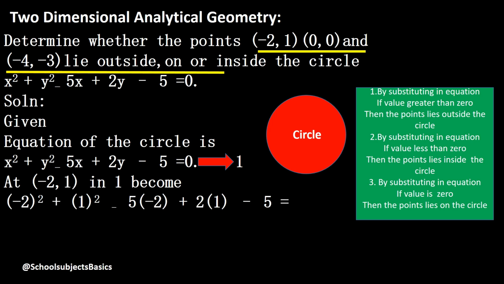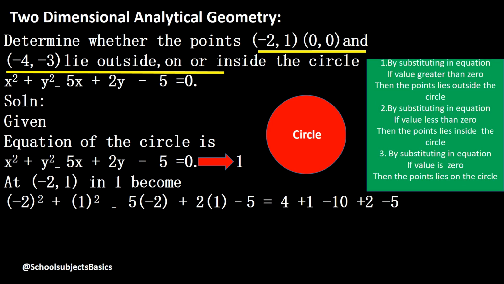So (-2) whole square plus 1 square minus 5 into -2 plus 2 into 1 minus 5. (-2) whole square is 4, minus into minus becomes positive, so 4 plus 1 plus 10, then plus 2 minus 5. By adding we get 17 minus 5, so that is 12.